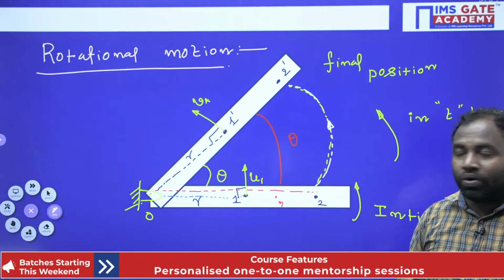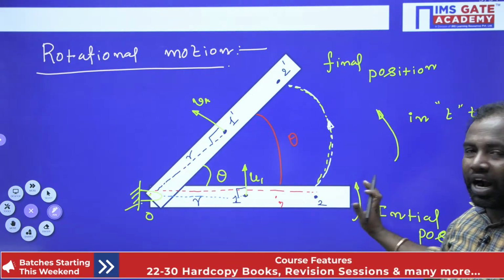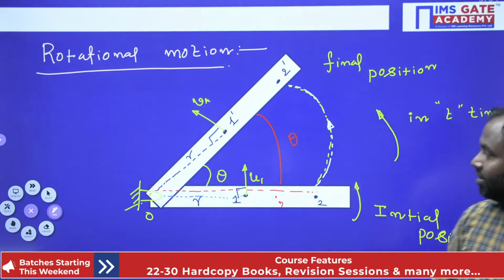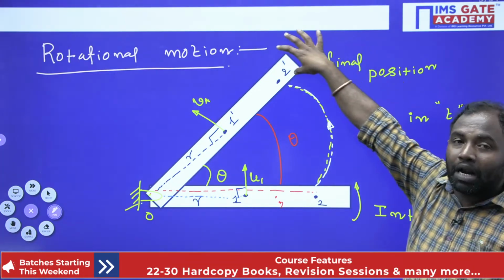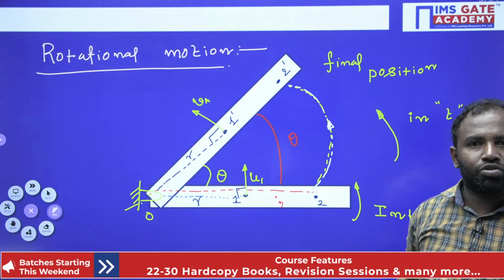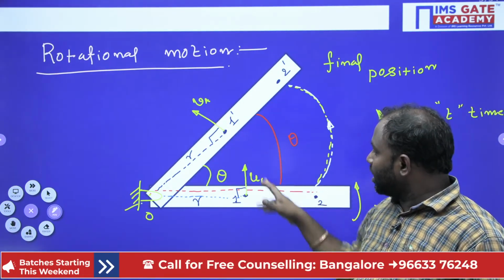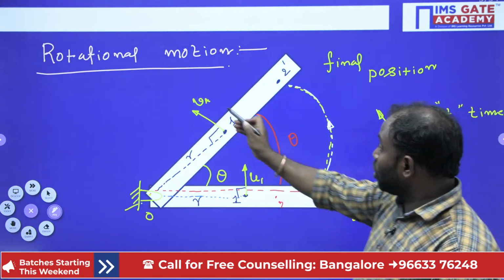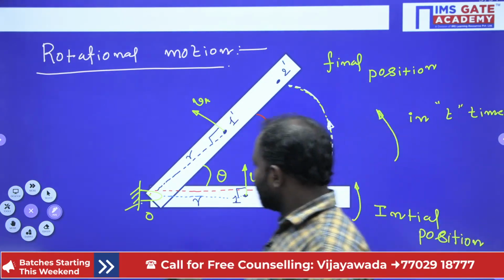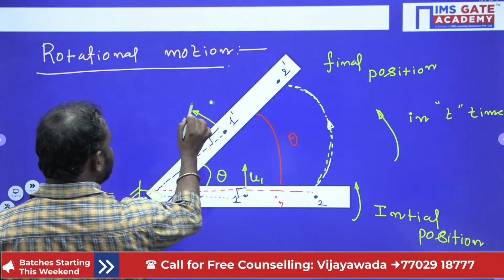Now when I rotate this body about this point O in time t, it reaches the final position. In the final position its velocity becomes v1, the final velocity.